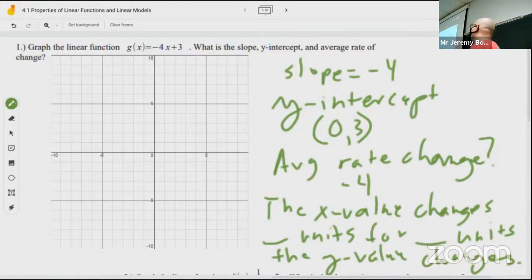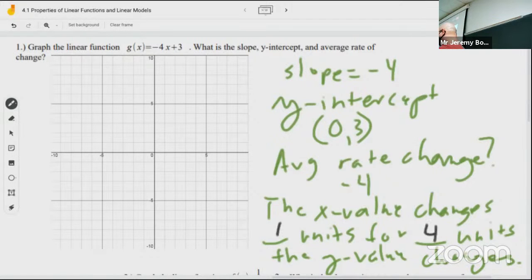So how much does the x value change whereas how much does the y value change? Like what's the ratio? You're close. So where would the 4 and 1 go? Which one's changing 4? Which one's changing 1? X would be 1, and then y would be 4.